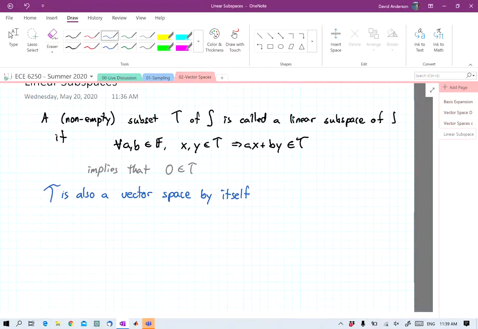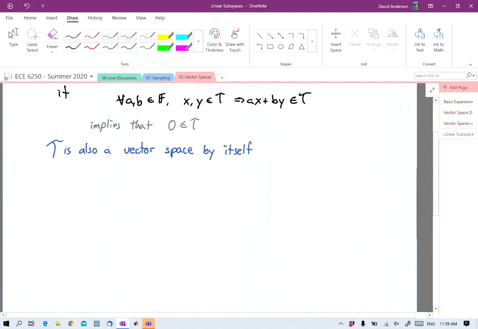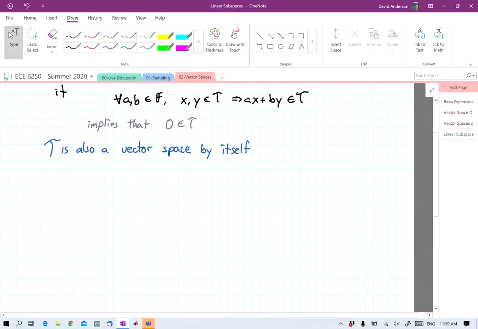Let's go through a few examples and we can consider whether or not they look like they would be vector spaces or vector subspaces.